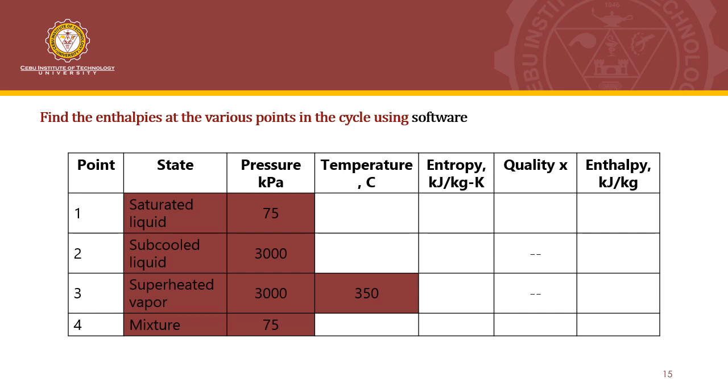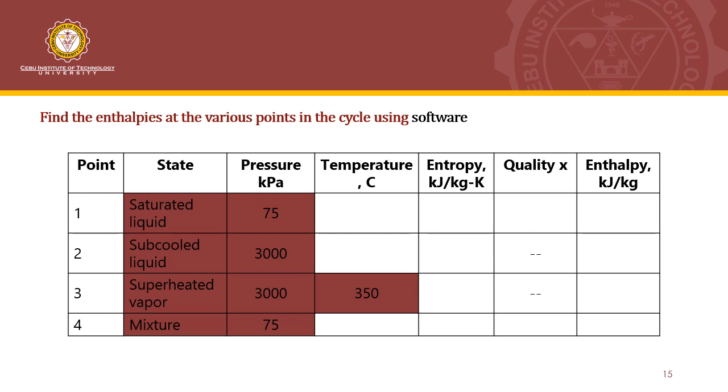So first, you have to examine the different points. There are only two things that you have to remember. If it is a saturated liquid or a saturated vapor, so as long as it's saturated, you only need one property.